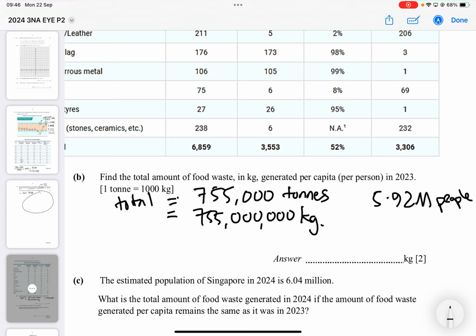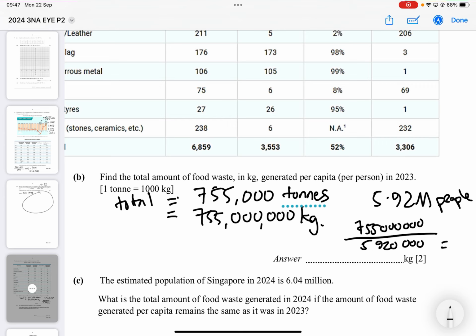Divided by 5,920,000. Okay? So I should be keying into my calculator 755,000,000 divided by 5,920,000. 5.92 million. Okay? 755 million divided by 5.92 million.